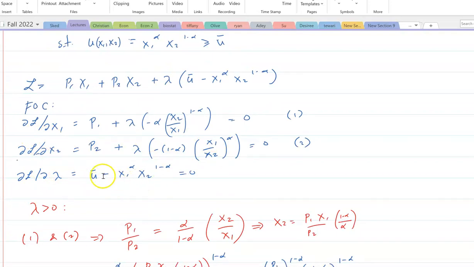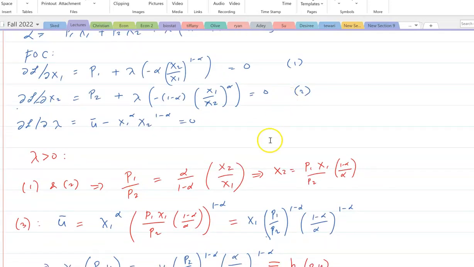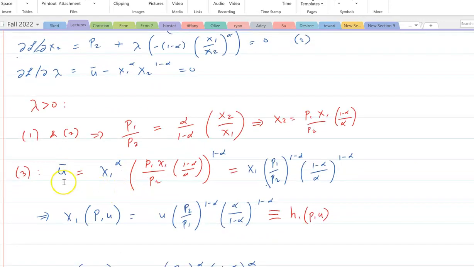Taking the derivative with respect to x1 and x2, you can notice that those two equations will yield the same as the utility maximization problem. Then you can solve for either x1 or x2 and plug it back into the third equation, and so what you have is the target utility as a function of x1 alone, or x2 alone.